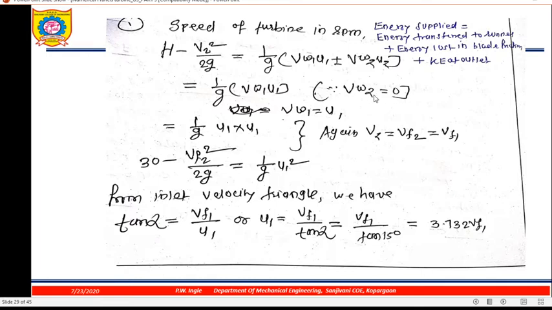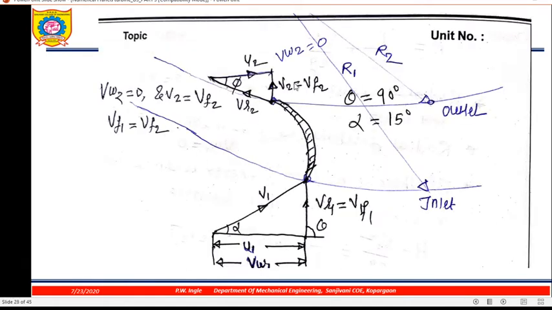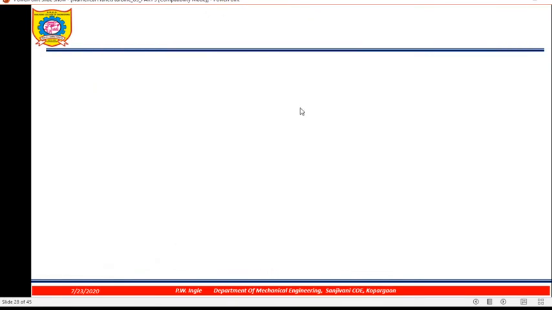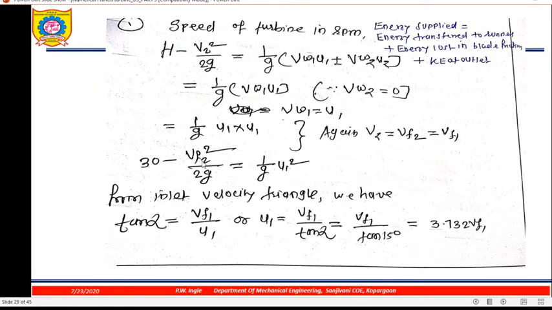Therefore it is 30 minus Vf2 square by 2G equal to 1 by G U1 square. Now V2 equal to Vf2 from the outlet velocity triangle, that's why V2 square is replaced by Vf2 square. So 30 minus Vf2 square by 2G equal to 1 by G U1 square.